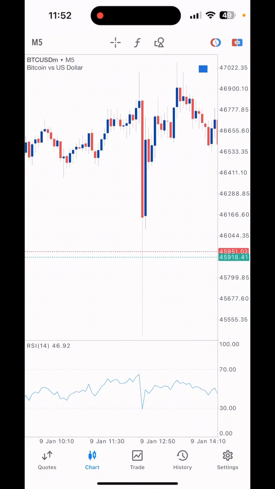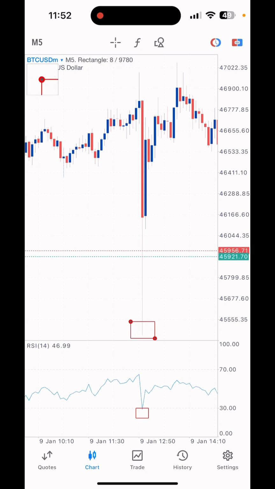As you can see, when price touched 30 here, look at it here on the main chart. You see, immediately it touched 30 from your RSI.